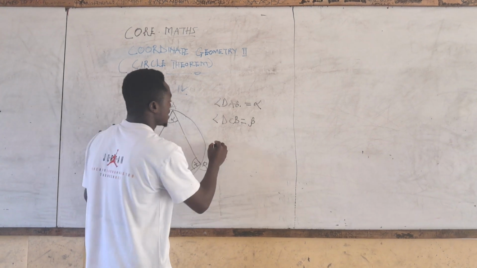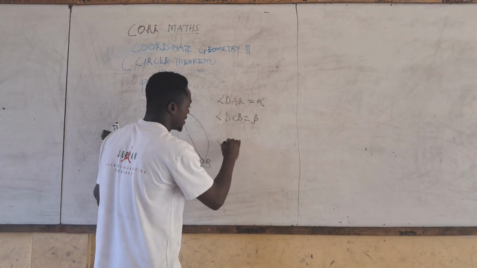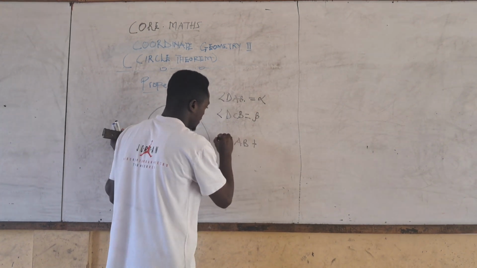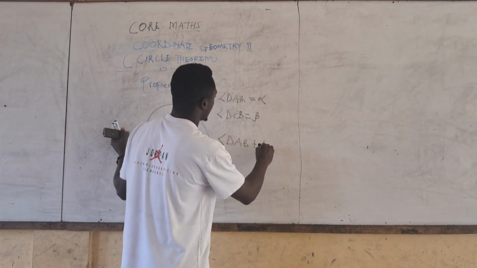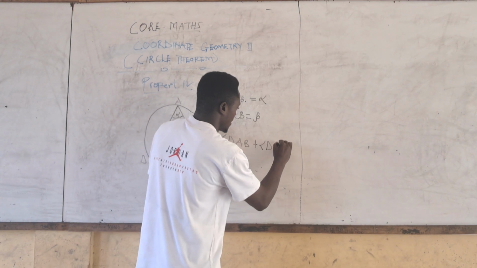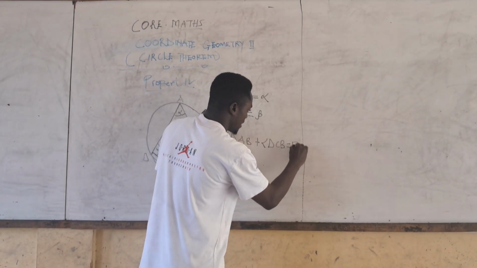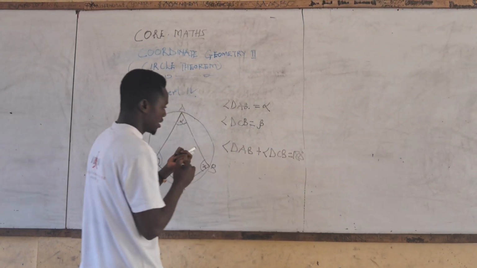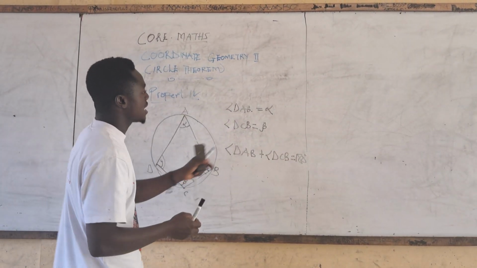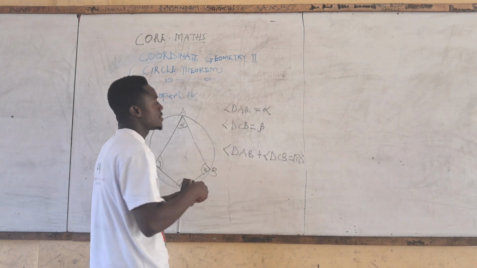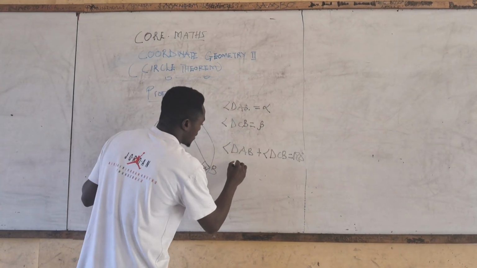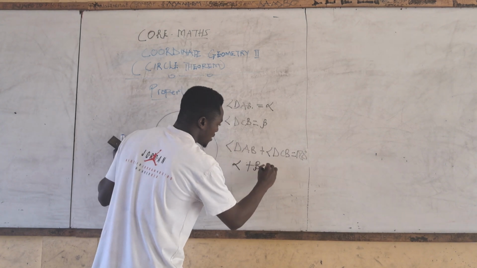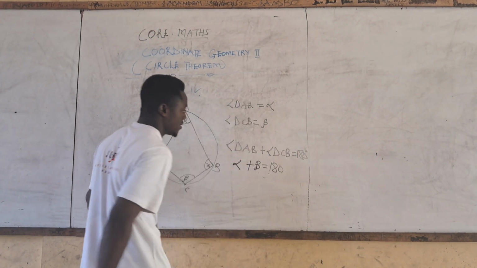So you can say that angle DAB plus angle DCB add up to 180 degrees. Therefore, we can substitute those angles by saying that alpha plus beta equals 180 degrees.